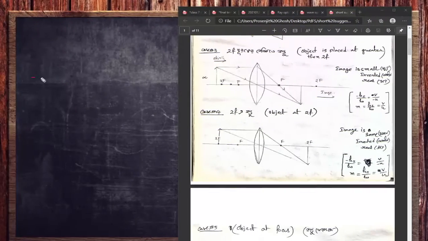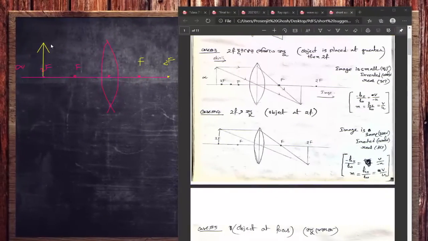There are a few portions: from the optical center to the focus, then double of focus, and after that up to infinity. That means the extreme possible distance. So if you put the object between 2f and infinity, then the image will be inverted and it will be at the other side between f to 2f.